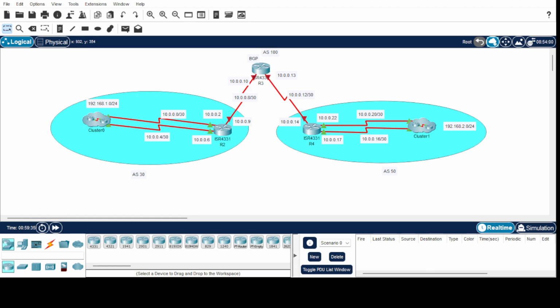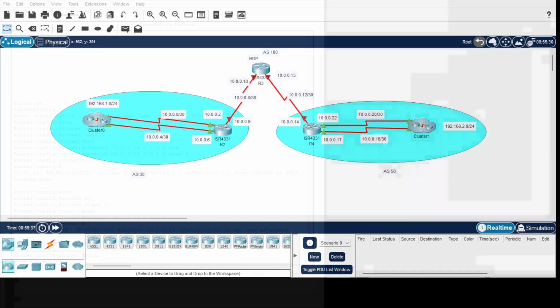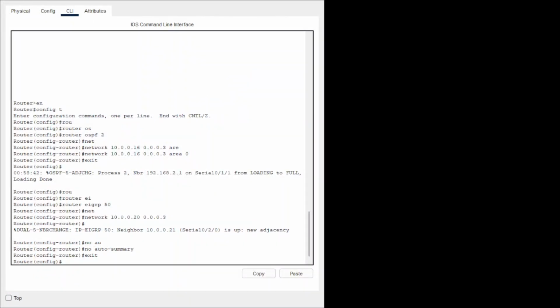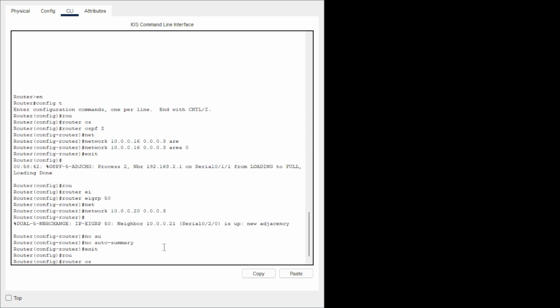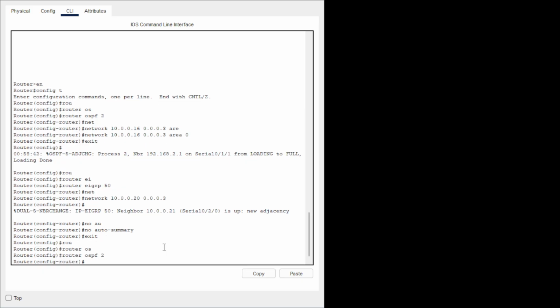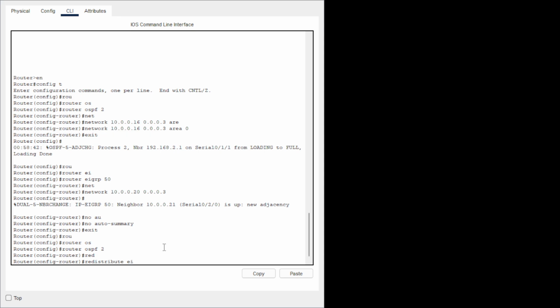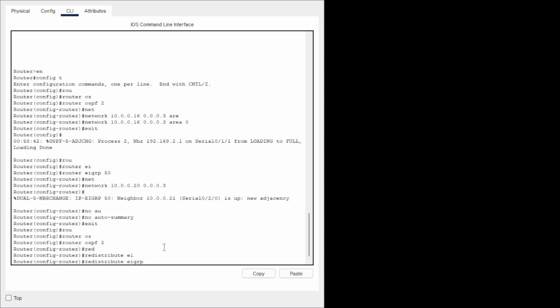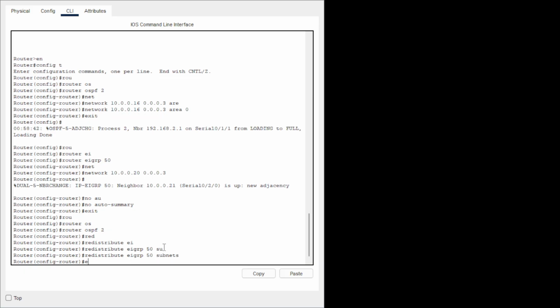So again, go to router 4, router OSPF process ID 2 and redistribute our EIGRP with ASN number 50 with subnets. Exit.